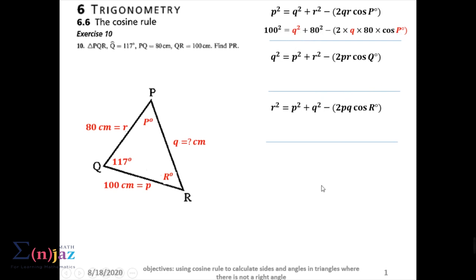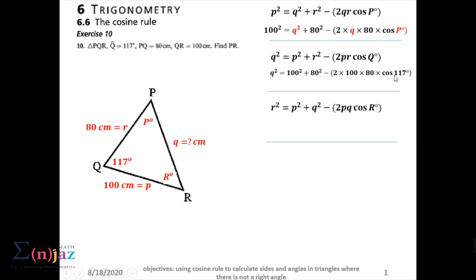Let's try to substitute in the second one. So q squared, the unknown side, is equal to, p is actually equal to 100. So 100 to the power of 2 plus r, which is 80, plus 80 to the power of 2 minus, inside brackets, 2 times p, which is 100, times r, which is 80, times cosine of angle Q, which is given to me as 117.